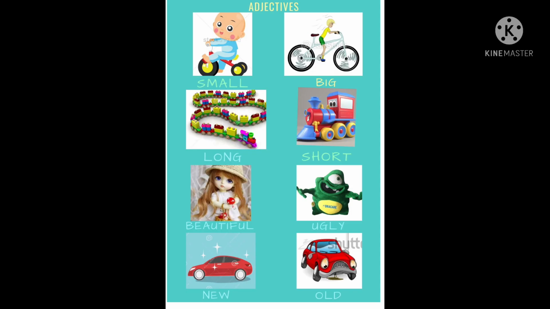For this week, we will learn to describe using adjectives for toys. We will learn 8 words of adjectives untuk gambarkan toys. Small, big, long, short, beautiful, ugly, new, and old. All these adjectives kita boleh guna untuk describe a toy.